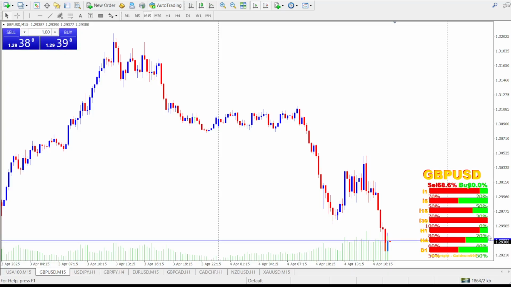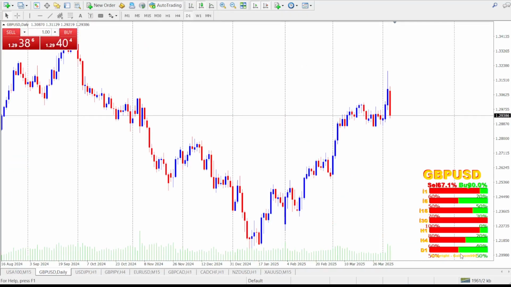You can see that the buyers have been pushed aside, just 30% at the time, while 70% is selling. Selling pressure is 70%. On the daily time frame, it's showing 50-50. So whatever time frame that you're trading on, you can just get information from here.